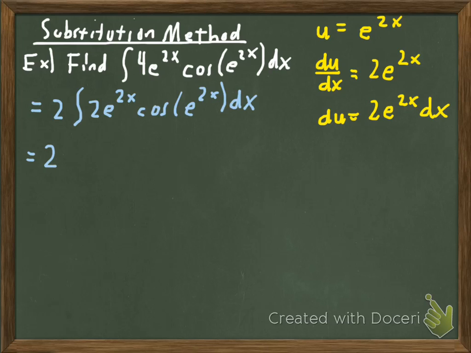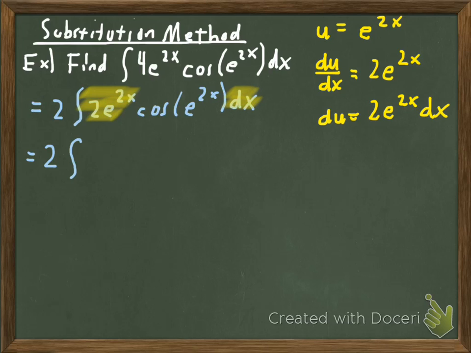So we're going to have 2 times, and here's why I wrote the du/dx in a slightly different way. We're saying that du is equal to 2e to the 2x dx. Well, let's highlight something here. Within our function, don't we have a 2e to the 2x dx?